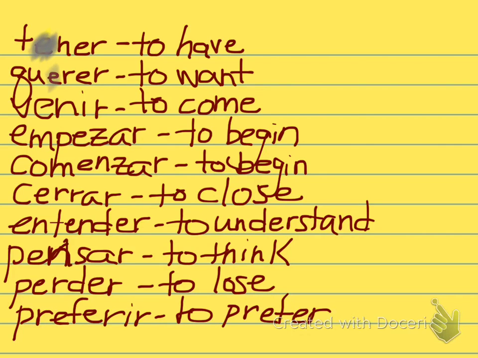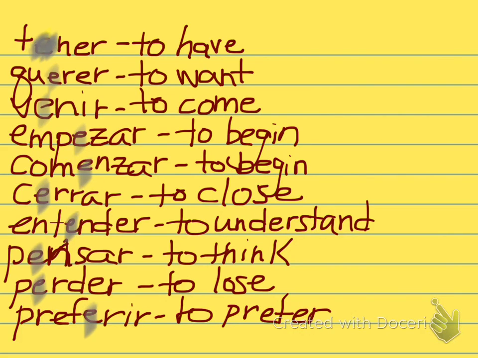This E will change. This E will change. This E will change. This E will change. This E, that E, that E, that E, and this E. So most of them are self-explanatory. It's usually the only E that's in the stem.